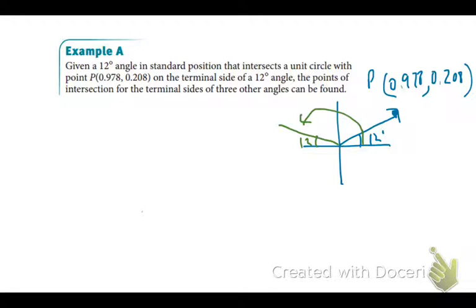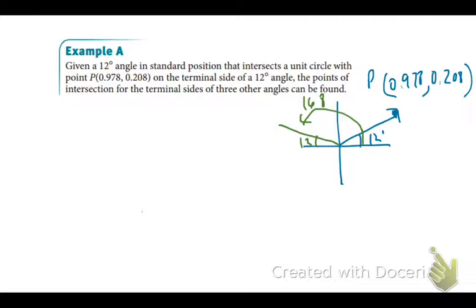What's the measure of that one? 168? Okay. Right. And how can you find that? What did I do to find that? Or Shadrach found it, actually. Well, if we know that that's 12, we know that we've got to get to that 180, right? So it's just essentially that you could have taken the 12 and subtracted it from the 180, right? So now, here's what I want you to do.